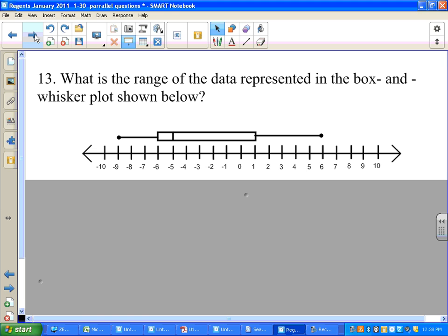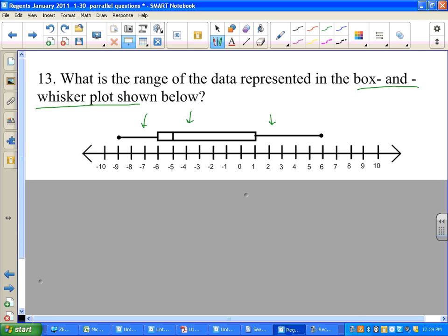We'll do this one. What is the range of the data represented in the box and whisker plot shown below? I could have called this, what is the range of data represented in the Mr. Bryce and Mr. Burke plot shown below? It doesn't matter that it's called a box and whisker plot, but that's what it is. There's the box, and here are the whiskers. Don't get confused in the name. What is it really asking you? What's the range?